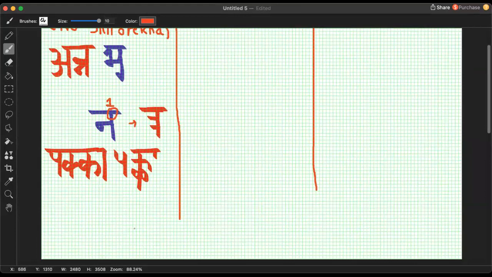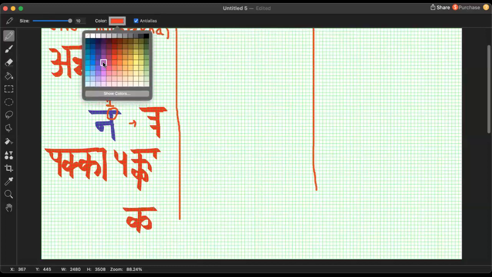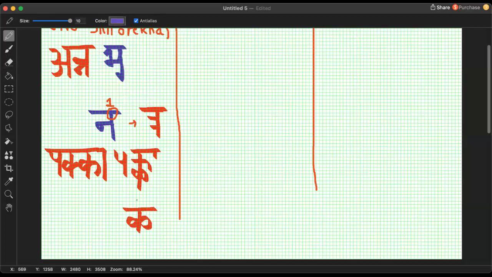We all know that when you're writing "ka", this is "ka" in Sharada. You see, it's touching the Shiroreka only once.